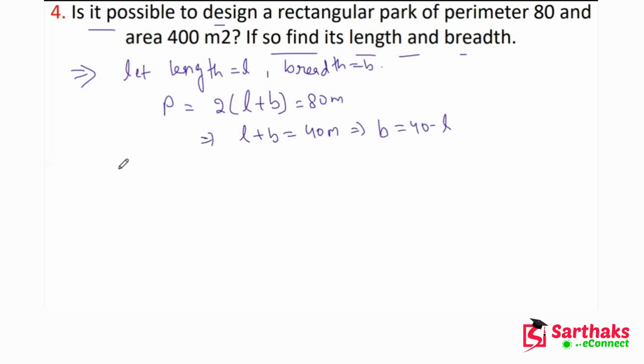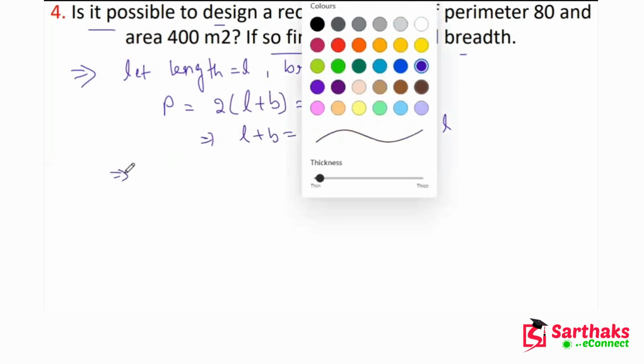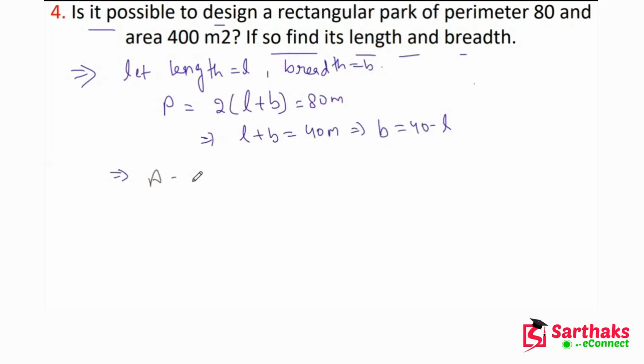Now what is the area? Can anyone tell me? Area is L into B, which equals 400 meter square. Putting B as 40 minus L, L into 40 minus L equals 400. This becomes 40L minus L square equals 400.